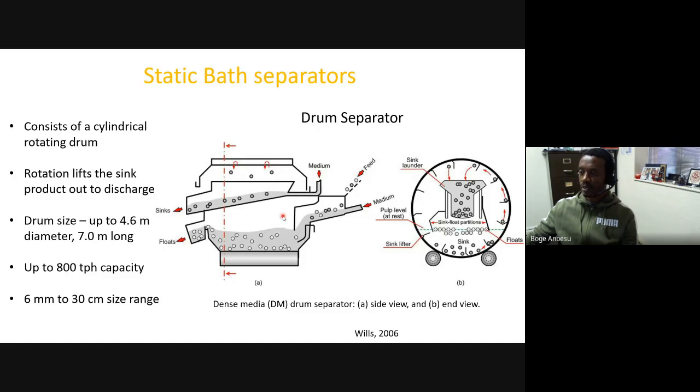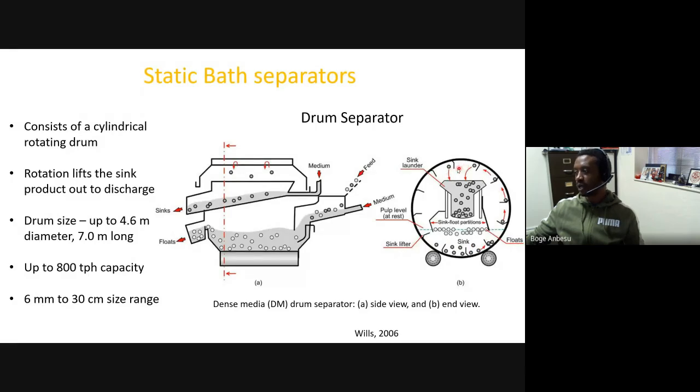As particles come in, dense particles should sink to the bottom of this drum, and light particles should go to the top of this drum. When you look at the inside of the drum, this is what it looks like. This is how it is rotated, it goes this way. As soon as particles are fed, the heavy particles will sink to the bottom of this drum. Because it is constantly being rotated, these settled particles, or the sink, will be carried up to the top of the drum.